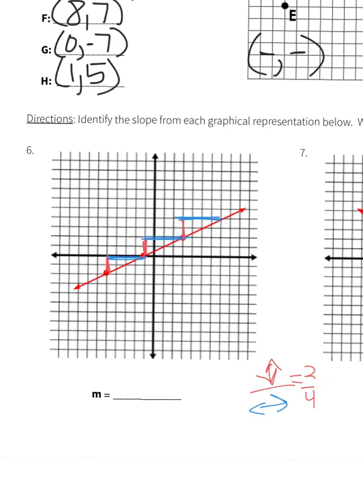Okay? So then we look here and we see that our slope is 2 over 4. And we know that this can be simplified because these are both even numbers, and we know that 2 is half of 4. So the simplified slope is 1/2.